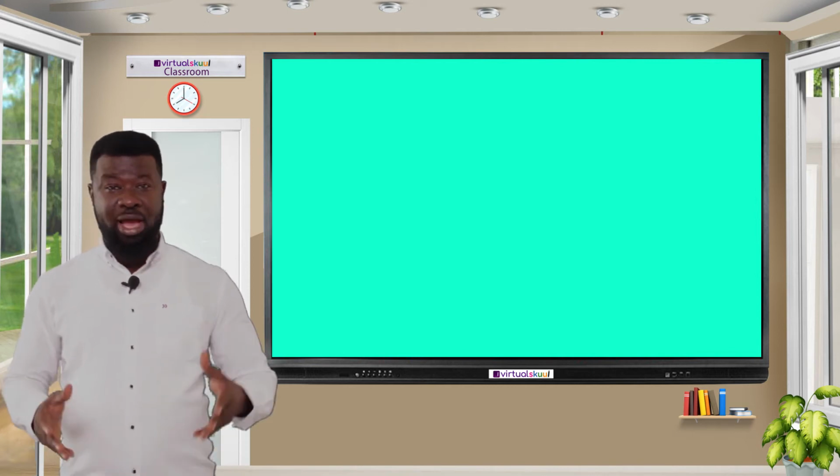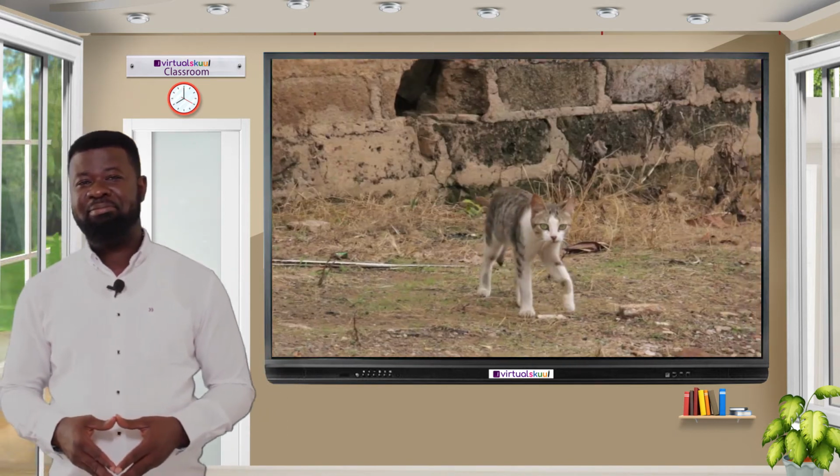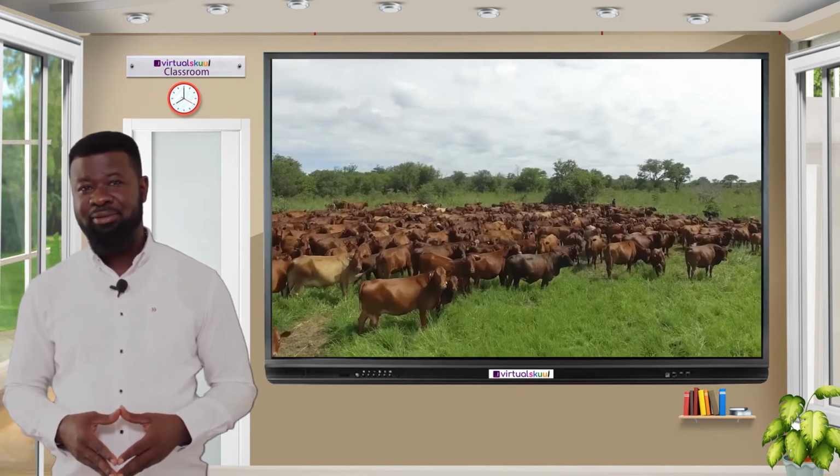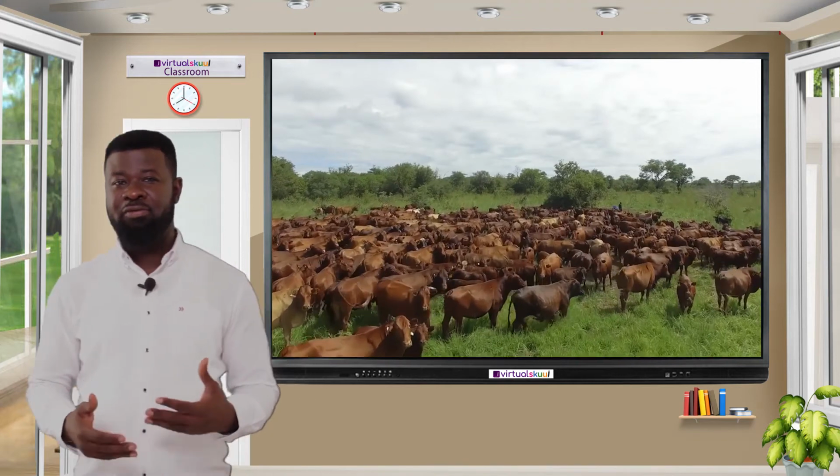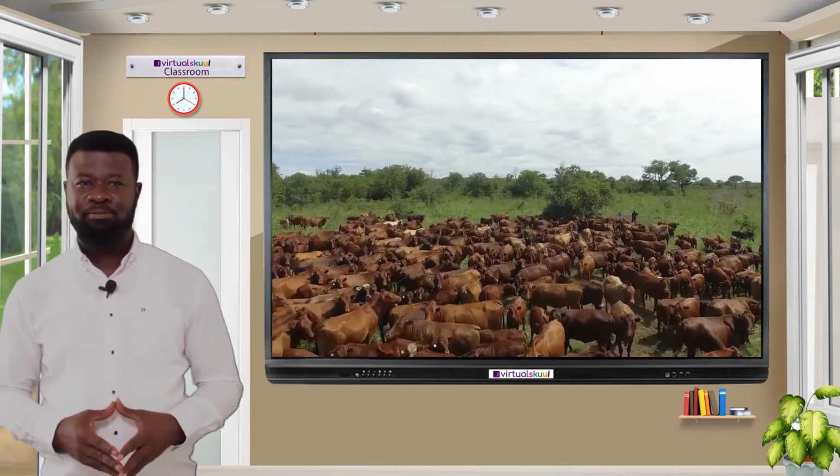When you watched the video, what animals did you see? Good. You saw animals like a monkey, a goat, a cat, a hen and some chicks, cattle, and of course, some stages of growth of cattle.